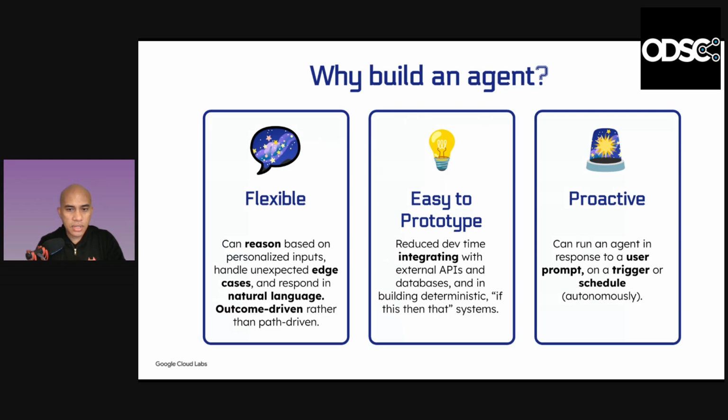The other piece with agents is that with the tools available, they're relatively easy to integrate and put together, right? Prototyping with AI agents is really useful, and when you hear the phrase "getting to value," this is really it.